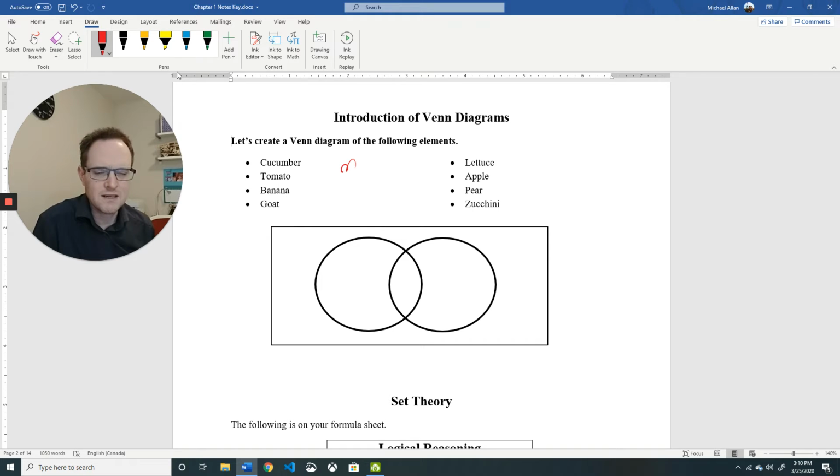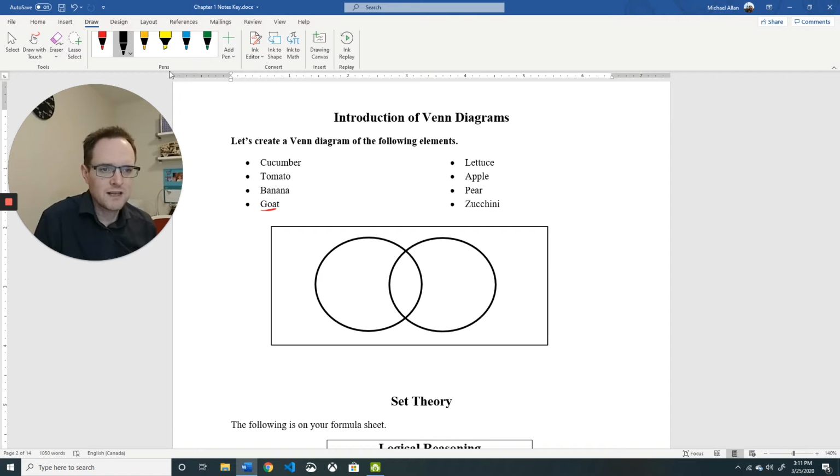In this case, we're looking at some of these fruits and veggies, and we have this goat sitting here. We want to know, how do they interact with each other? Can we categorize them as different sets?